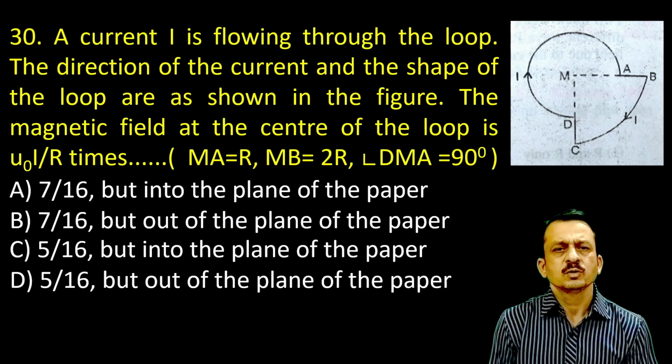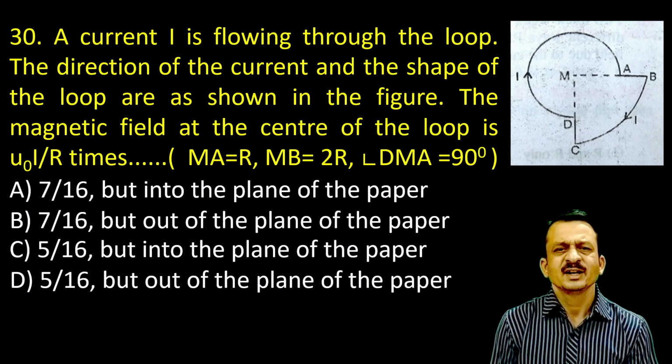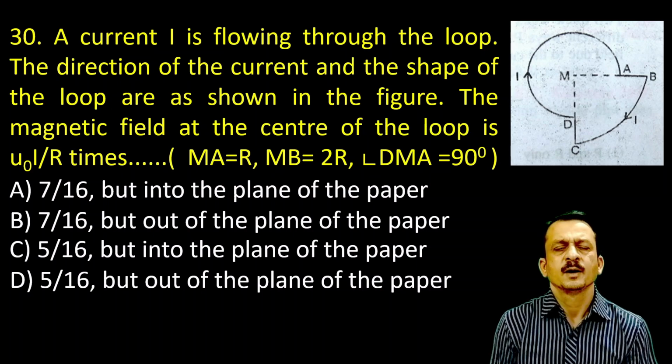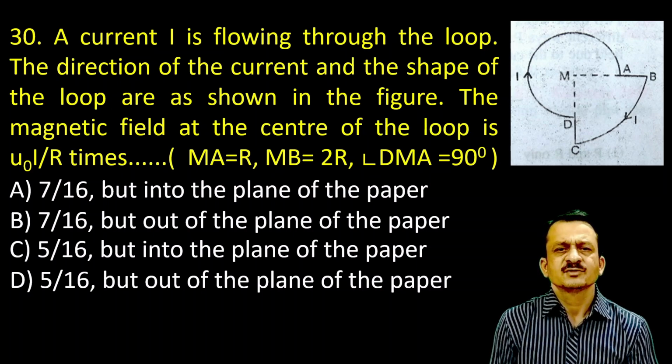Now before finding the coefficient, by the method of elimination we can easily remove two of the answers. How? Look at the direction of the current. In the two arcs, the current is in the clockwise direction. Since the current is clockwise, what is the direction of the magnetic field given by the right hand rule? It is into the plane of the paper.